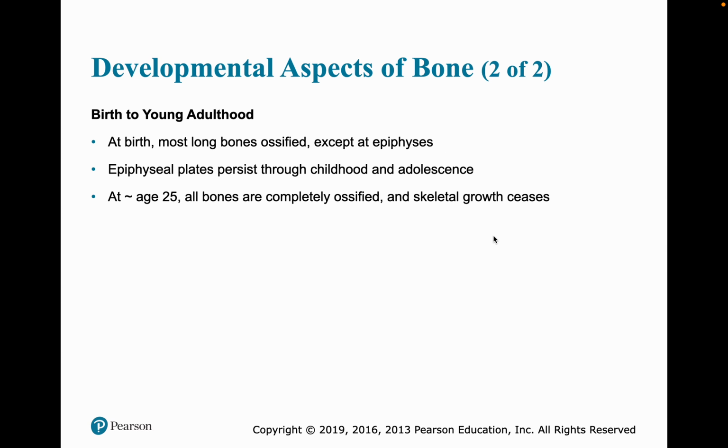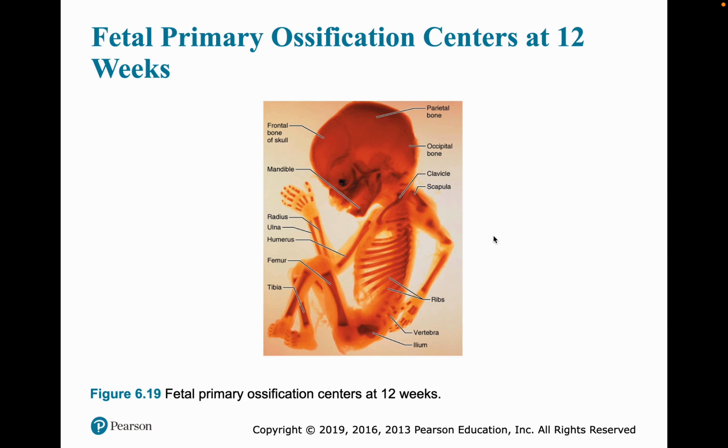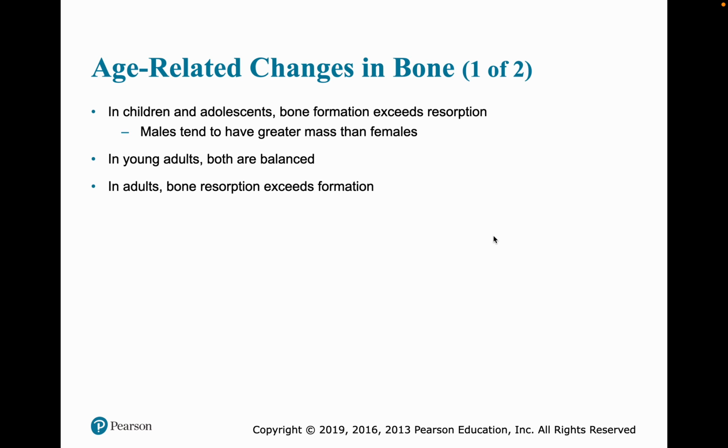At birth, our long bones are ossified except at the epiphyses. The epiphyseal plate persists throughout childhood and adolescence. By about age 25, all the bones are completely ossified and skeletal growth ceases. Here are ossification images of a fetus.